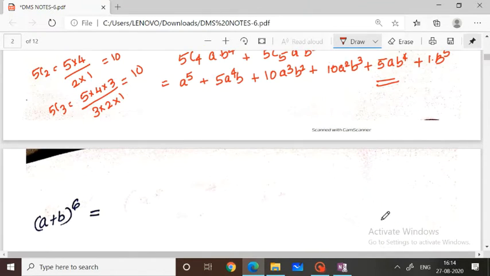Similarly, you can work out a plus b the whole raised to 6 also in this same format. You can simplify it.